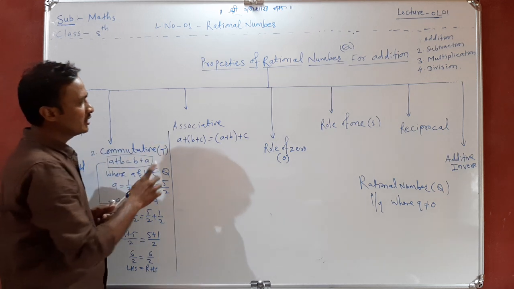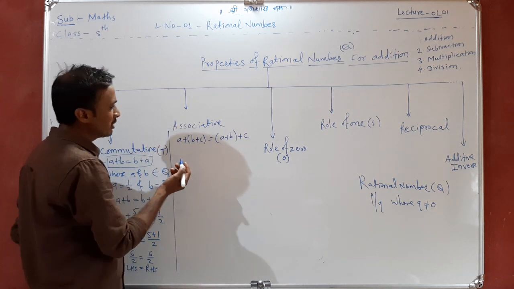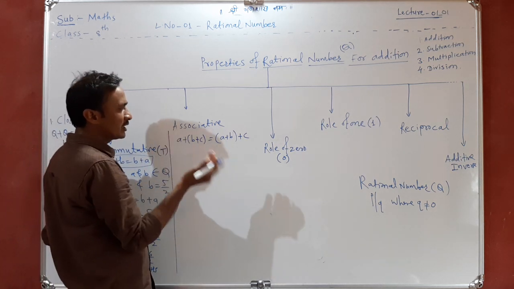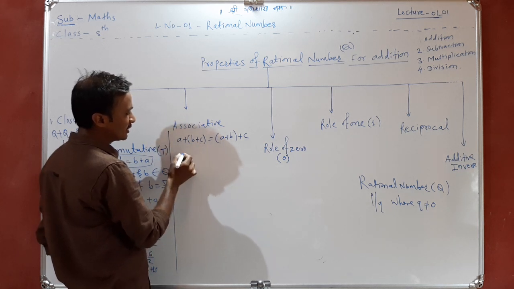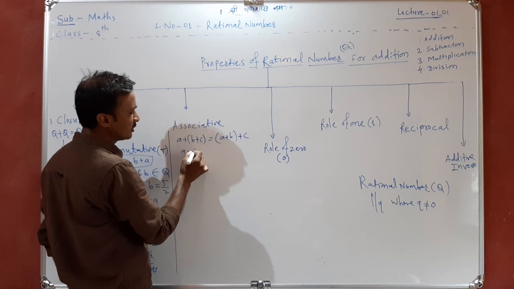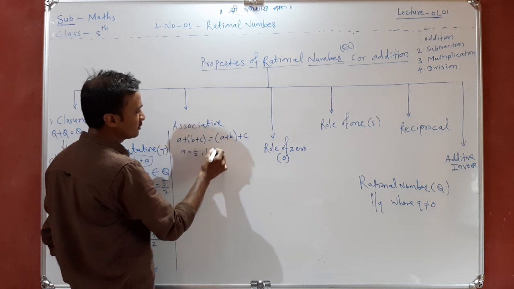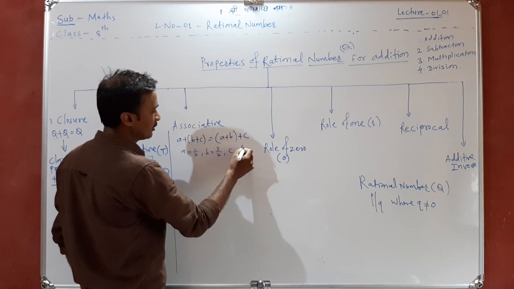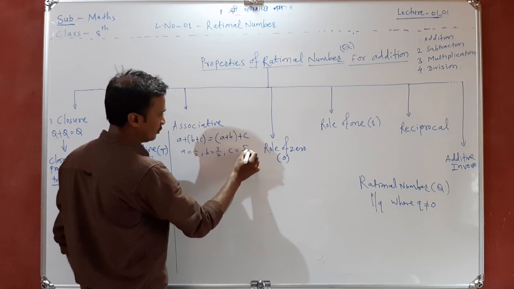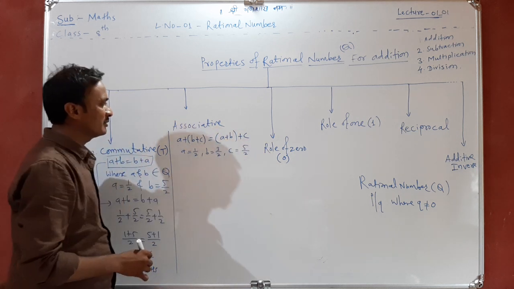Next is associativity. What is meant by associativity? Suppose there are three rational numbers a, b, c. Let us consider a = 1/2, b = 3/2 and c = 5/2. Now these three rational numbers are there.